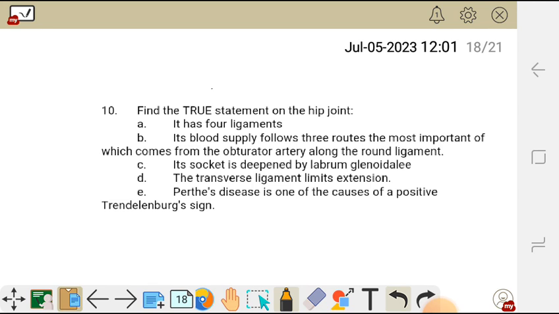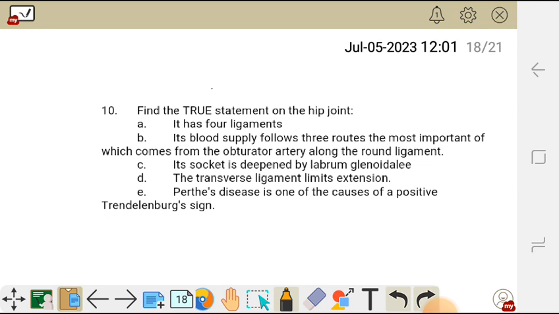Question 10, find the true statement on the hip joint. A, it has 4 ligaments. B, its blood supply follows 3 routes, the most important of which comes from the obturator artery along the round ligament. C, its socket is deepened by labrum glenoidale.